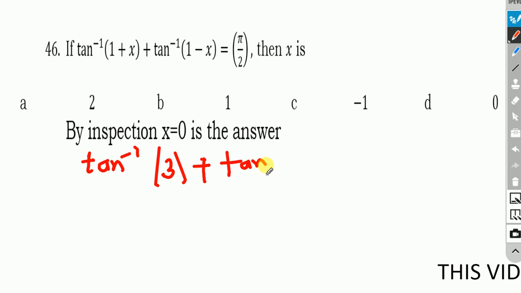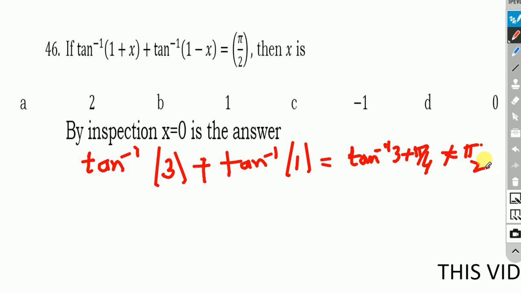So this is tan inverse of 3 plus pi by 4, which is not a standard value. Of course this is not equal to pi by 2. So option A is not the correct answer.